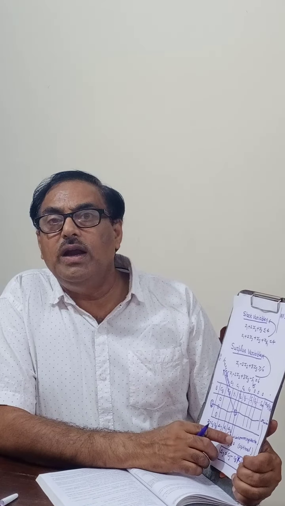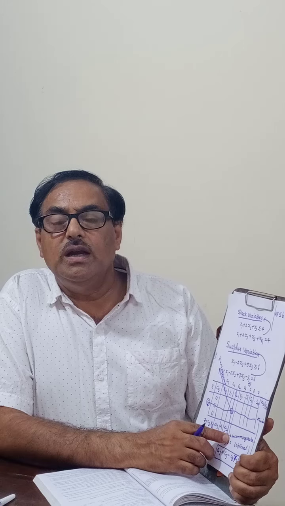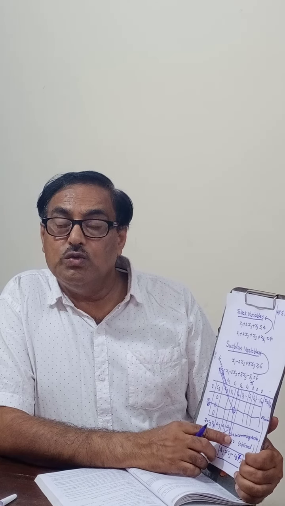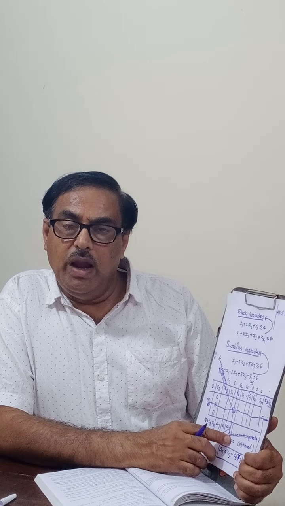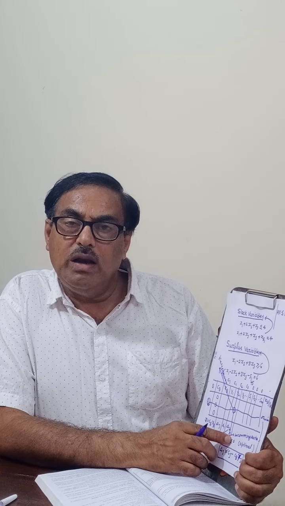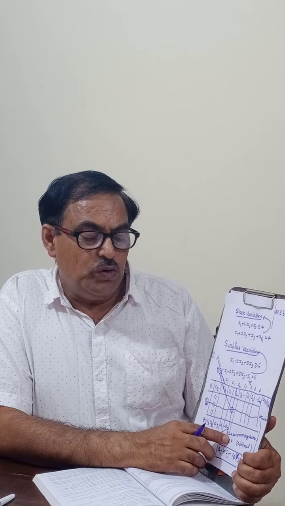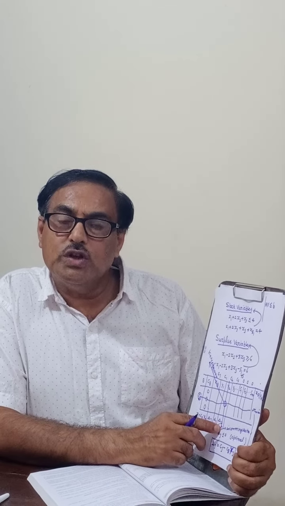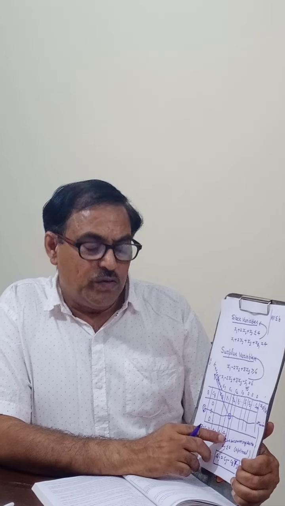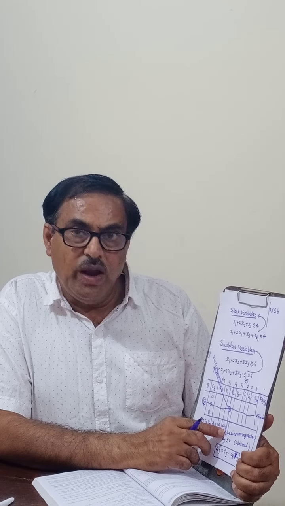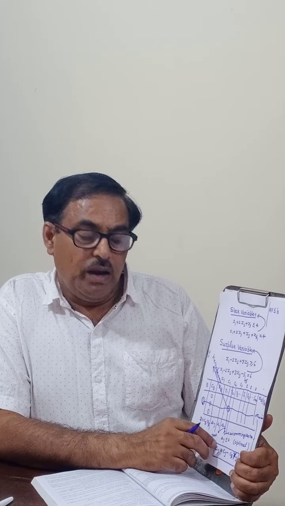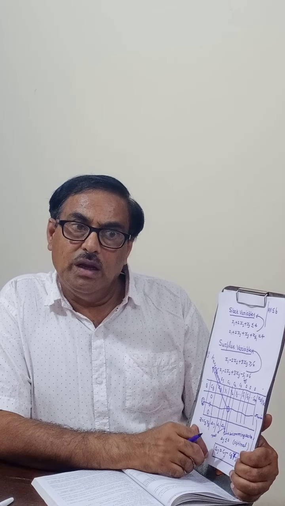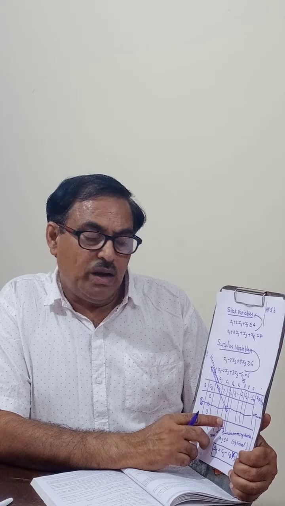If all delta j's are less than or equal to 0, then our solution is optimal. If not, then the same process repeats: we select the maximum value of delta j, whose column gives the incoming vector.